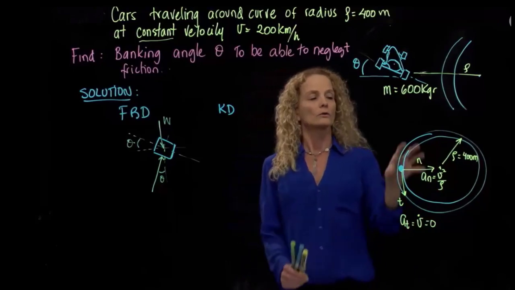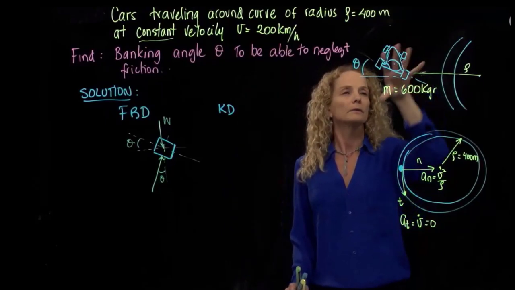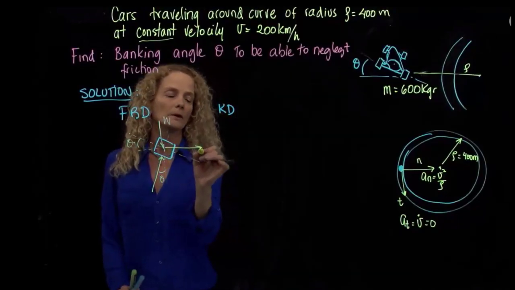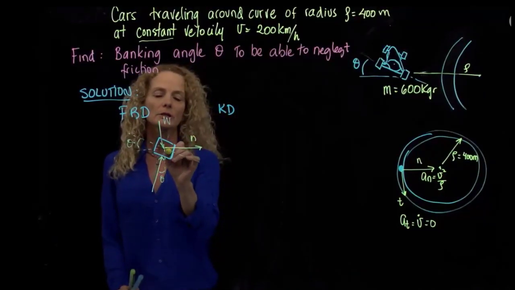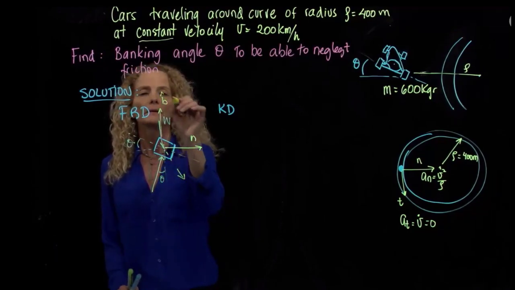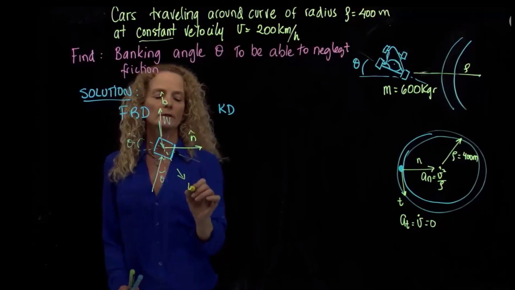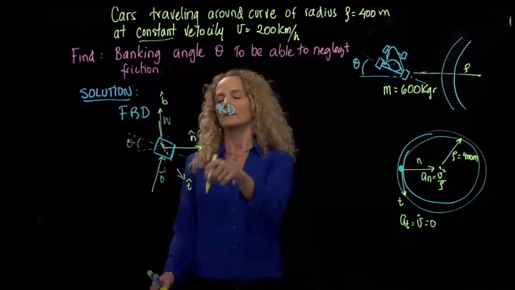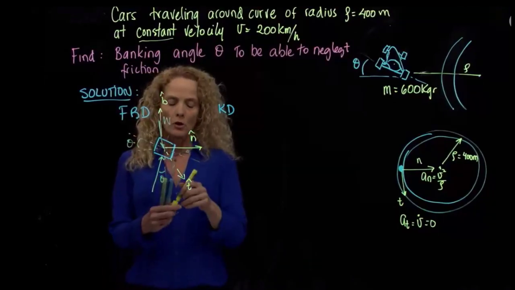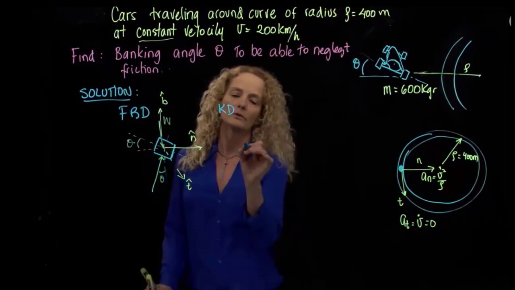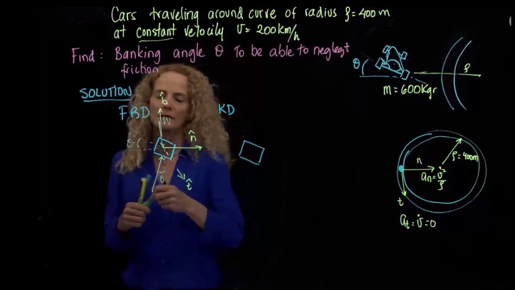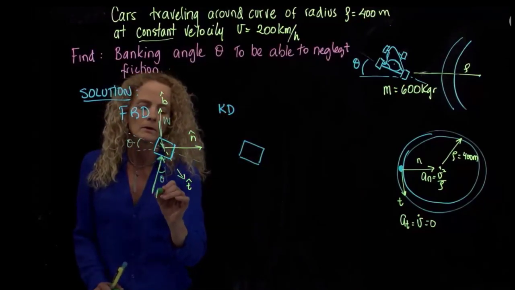Okay, so from the top we look at it like that. From this view, this is our normal direction, the tangent will be in this direction, and then we have our vertical direction B. In the kinetic diagram, we draw our same particle. In the forces here, we have the normal force and the weight.